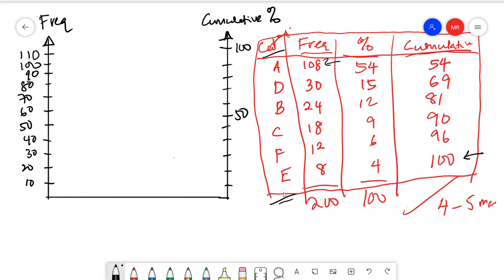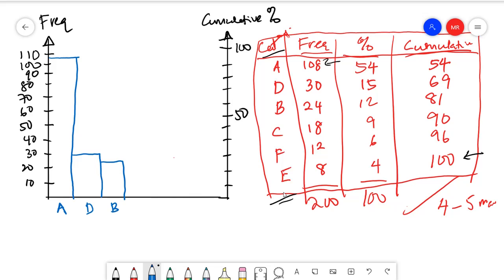So A is 108, roughly around here. This is A. Then D is 30. B is 24.